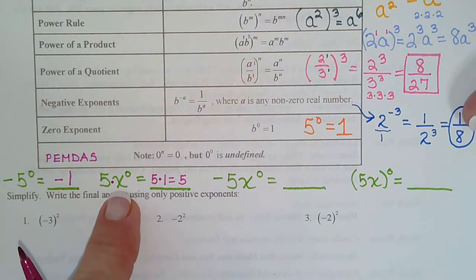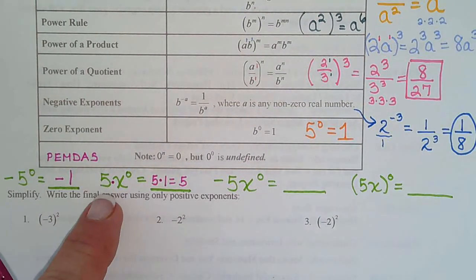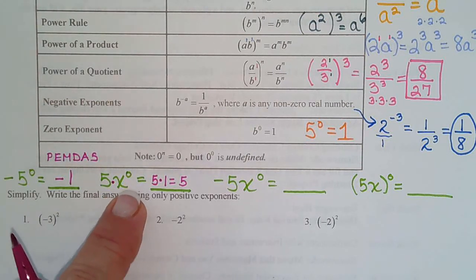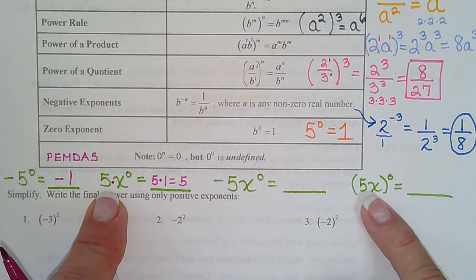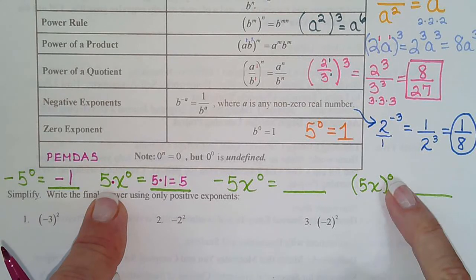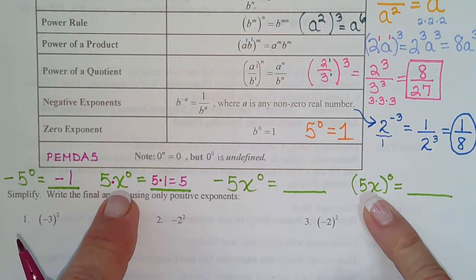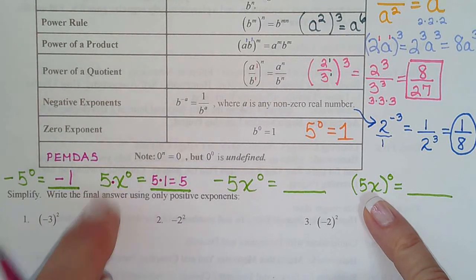So yes, x to the 0th is 1. As we said, anything to the 0th is 1. But then this is 5 times 1, because that 0 exponent only goes with the x. And for some reason, students think it goes with both. The only time it goes with both is when there's parentheses. Now the 0 goes with the 5 and with the x. But on this one, you evaluate the exponent 1 and then multiply it by 5.